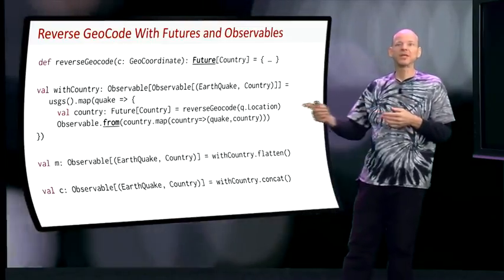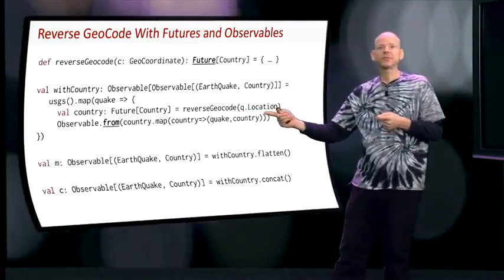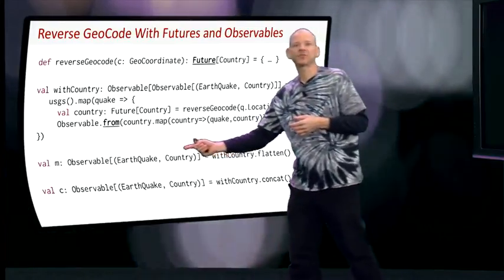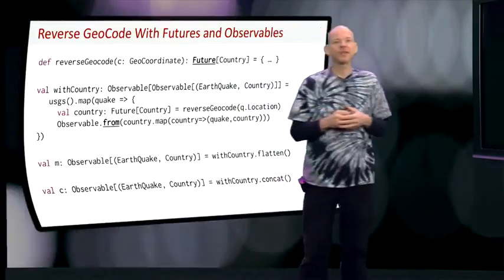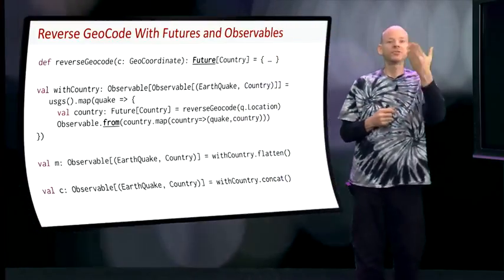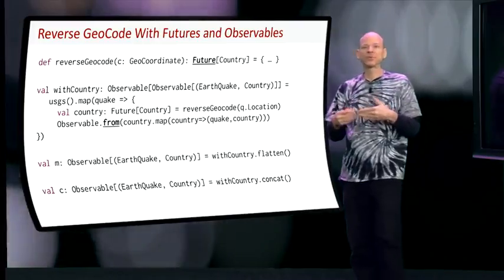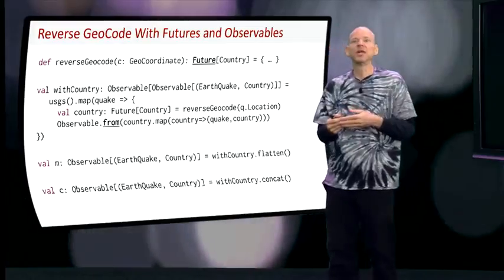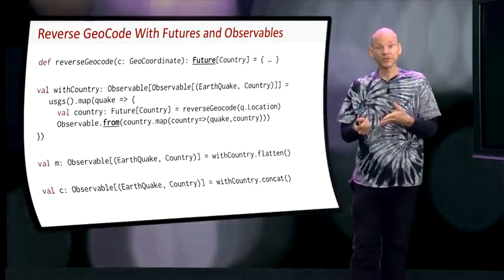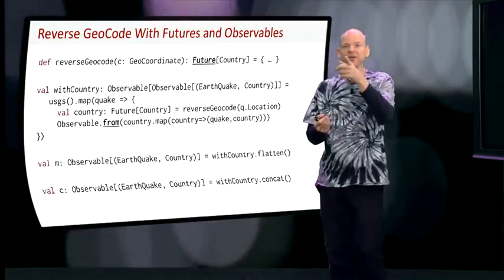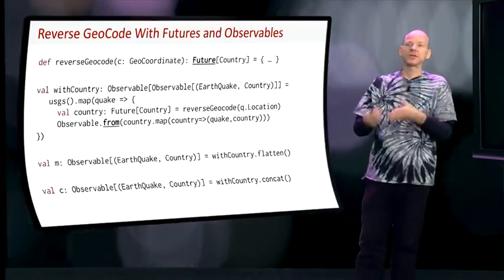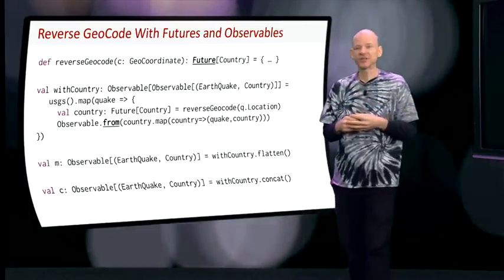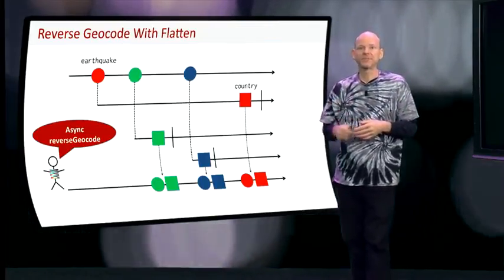For each quake, we get a future that represents the location. Then we convert that future into an observable using the helper function observable from, which takes a future and turns it into an observable. Then we get an observable of observables, because we did a map and not a flat map. And then we have a choice whether we flatten the stream, or merge, flatten and merge being synonyms, or we concat them.